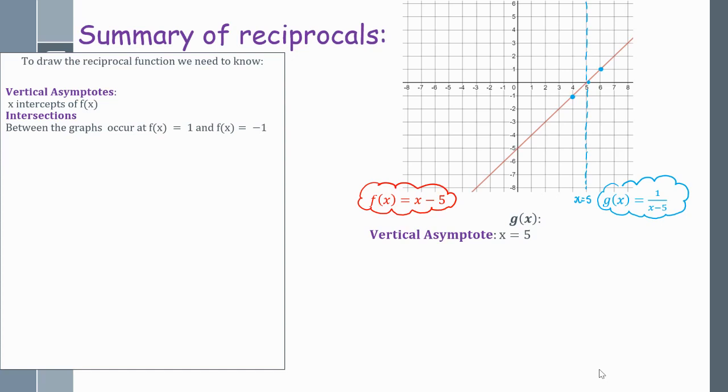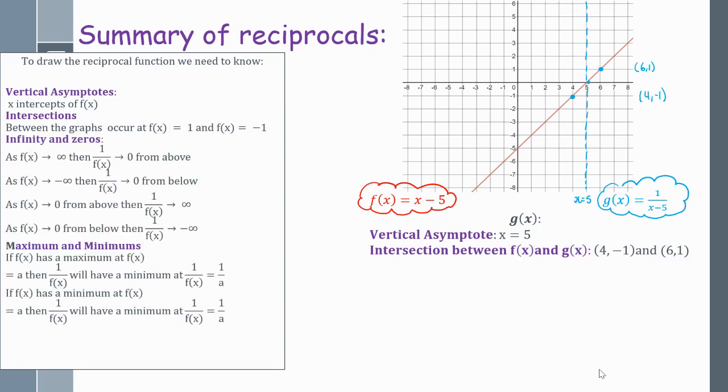I can see my line y equals x minus 5 hits y equals 1 at the point (6, 1) and also hits negative 1 at the point (4, minus 1). So this is where those functions will intersect.